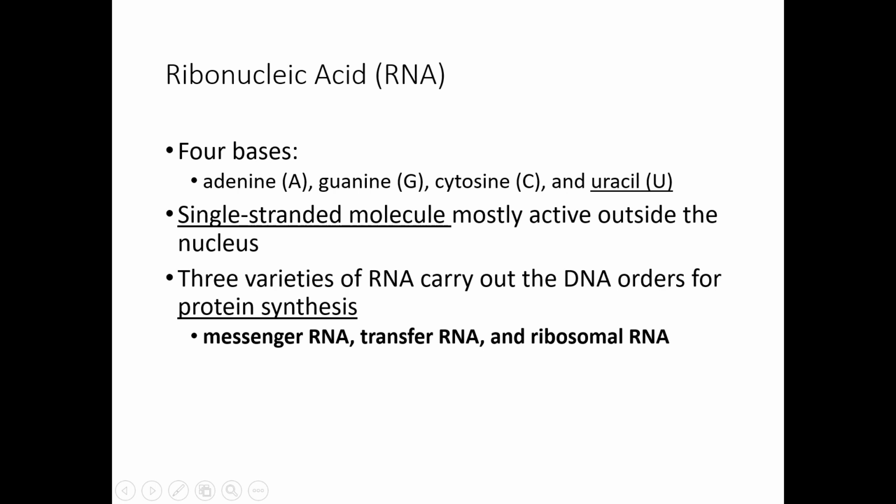How is ribonucleic acid different? It's also made of 4 bases. It also has those sides made of sugar and phosphate group, but the difference is that instead of thymine, T, in RNA there is uracil, or U, and it's a single-stranded molecule.